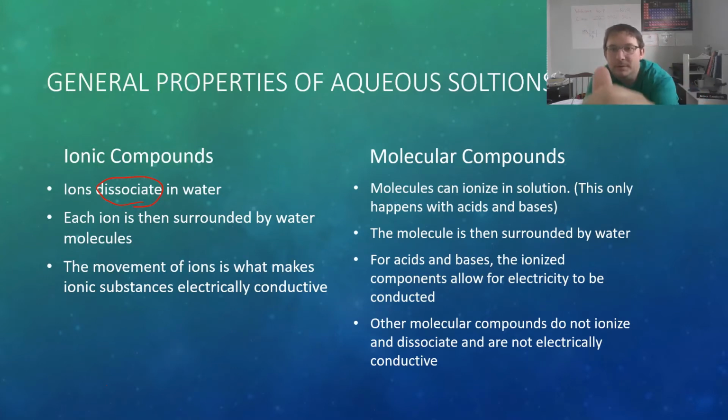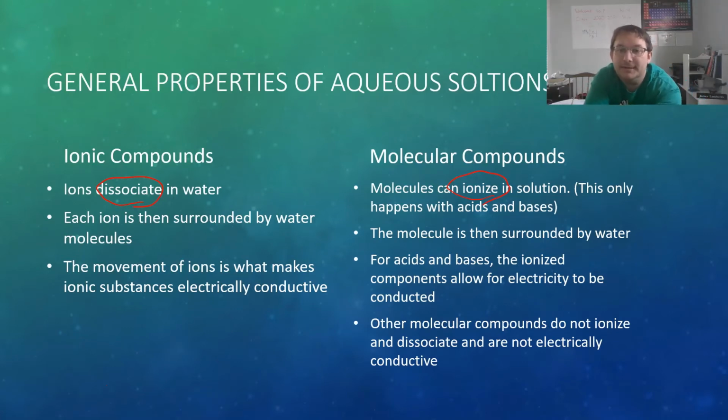But when we're talking about molecular compounds that break apart into ions, we talk about ionize. We use the term ionize because molecular compounds are not ions in their molecular form. They're molecules. So when they dissolve and form ions, they have to first ionize before they can actually be in that solution. And so the end result is the same. It's just different uses of the term depending on the substance that we're talking about.